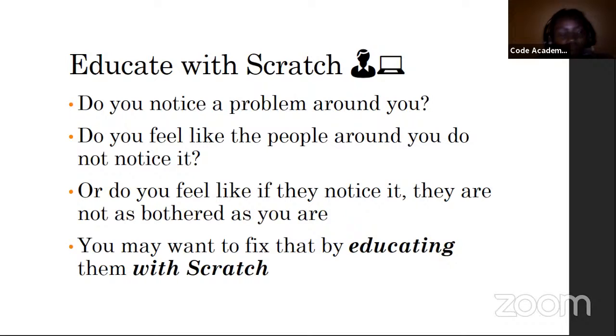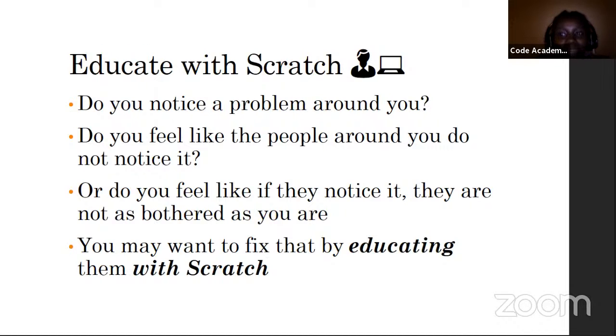A student also made a project about lack of gadgets. That is probably a problem that someone will not notice, especially if they have the gadgets and all that. But then how can you put that in Scratch?